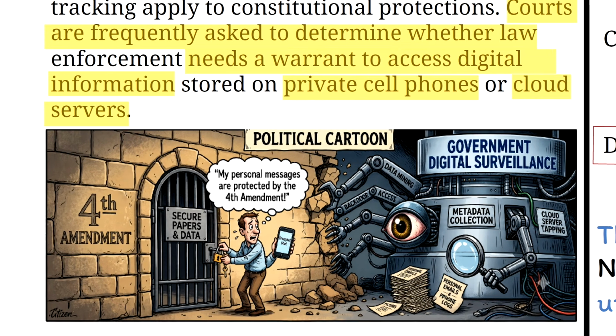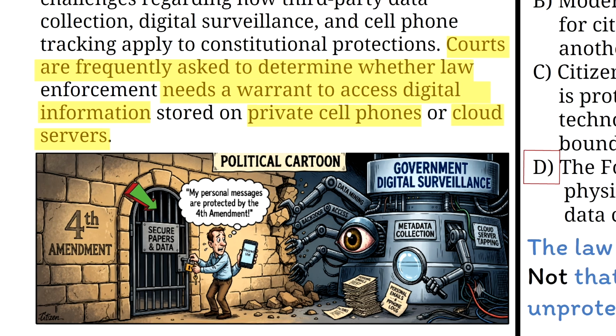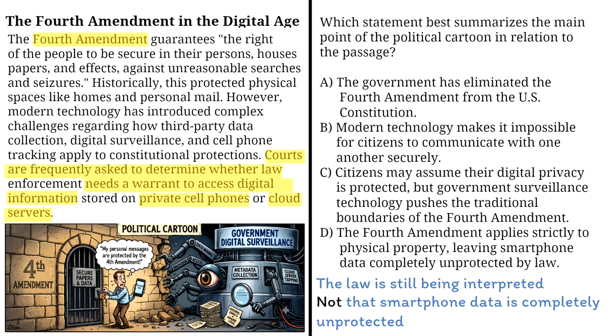And the political cartoon also raises the question about digital privacy rather than claiming there is no legal protection. So the correct answer is therefore option C. Citizens may assume their digital privacy is protected, but government surveillance technology pushes the traditional boundaries of the Fourth Amendment.